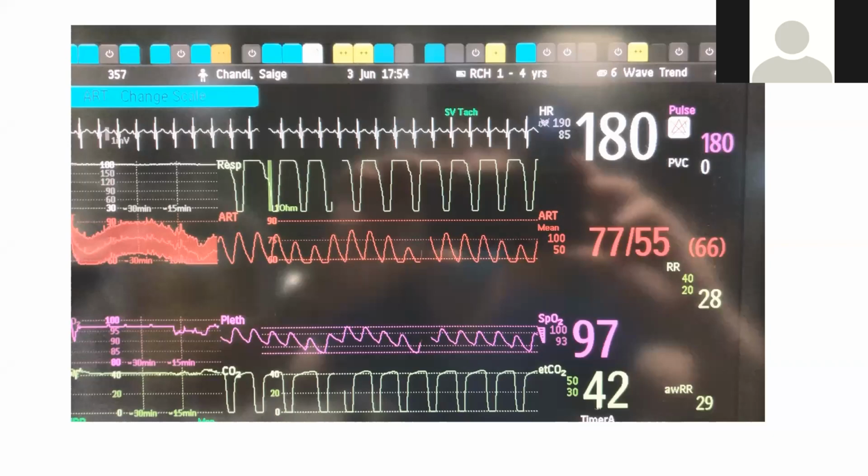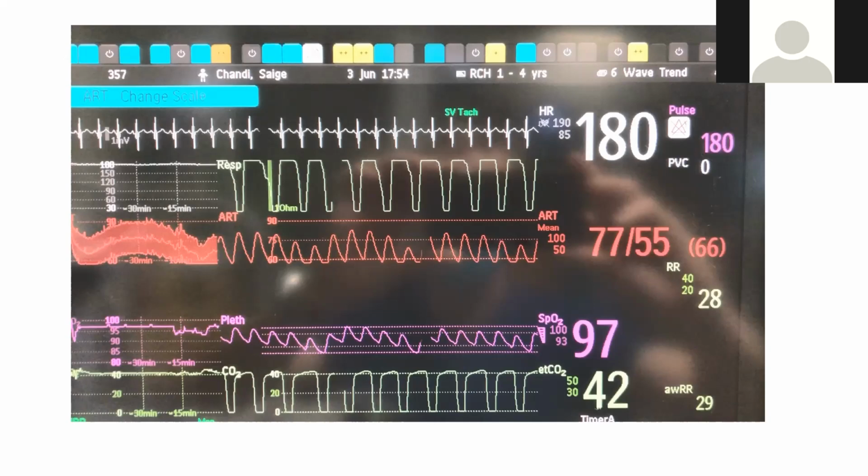So when you have severe airflow obstruction, like if your child's got severe asthma or severe bronchiolitis or severe croup, any form of severe airway obstruction, when the child breathes in, the intrathoracic pressure is lower because the child's taking a breath in.